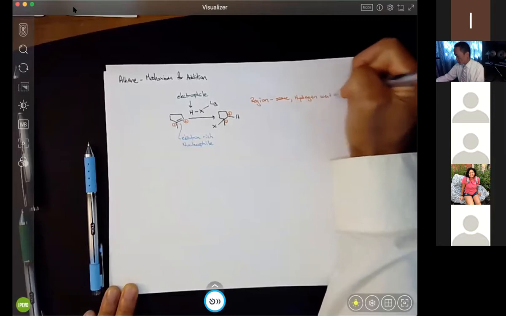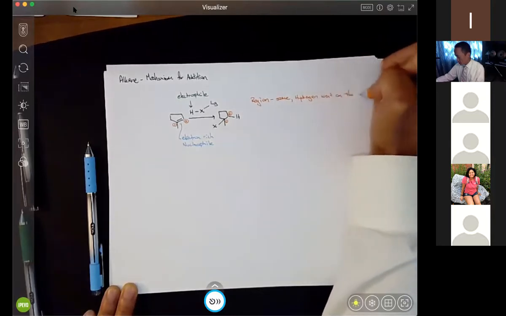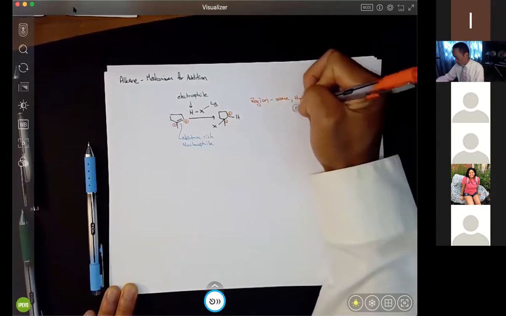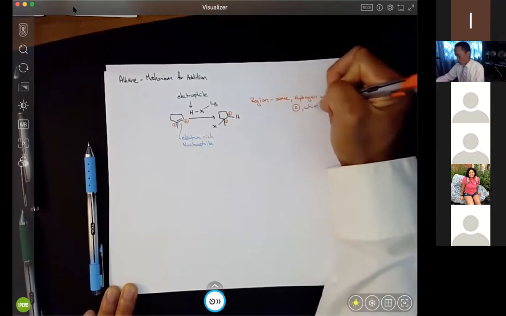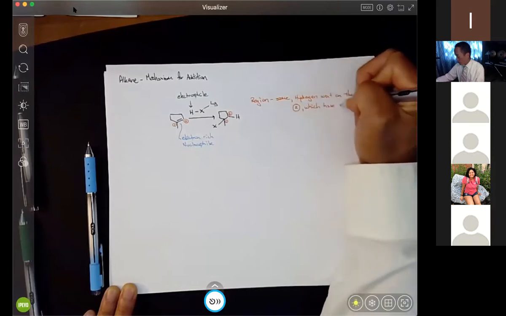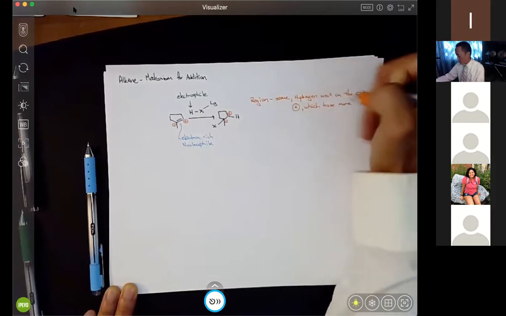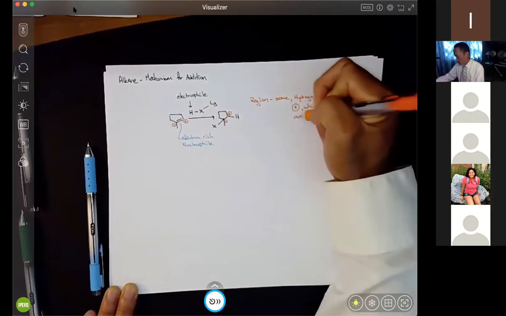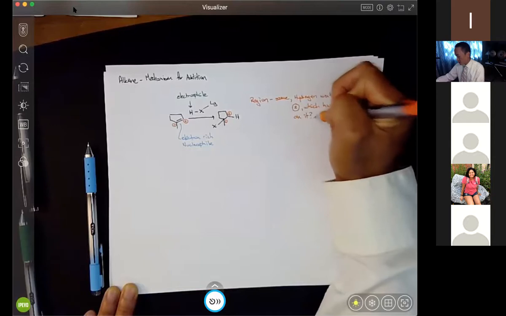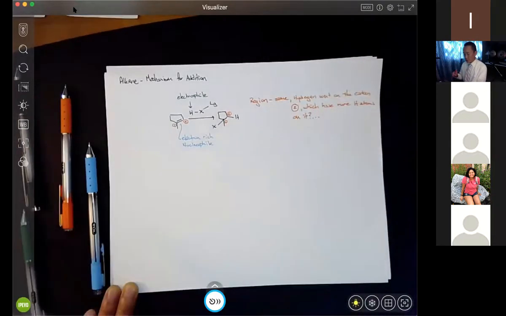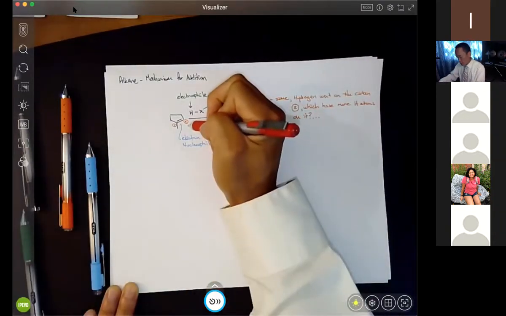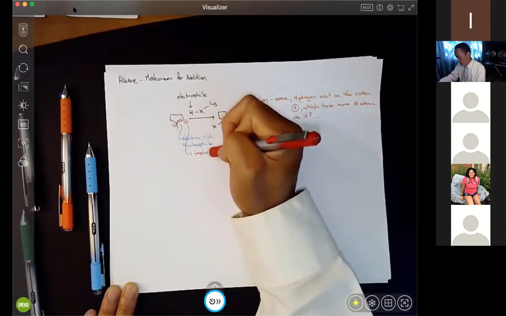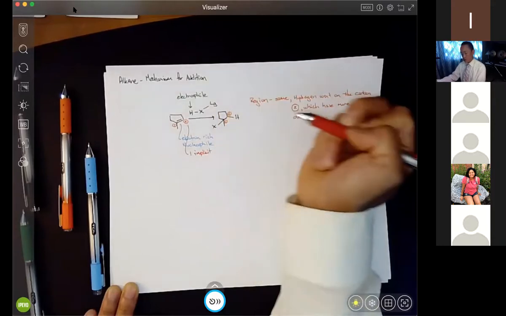But you should note that the hydrogen atom went on the carbon that I have labeled carbon 2, which has more hydrogen atoms on it? Let's see if that's true. There is one implicit hydrogen here.